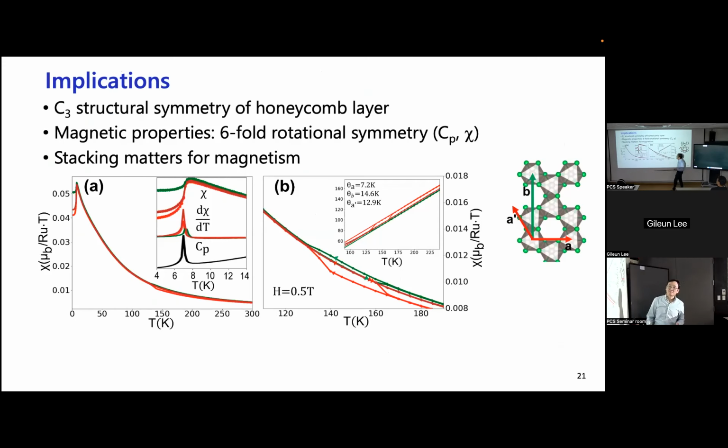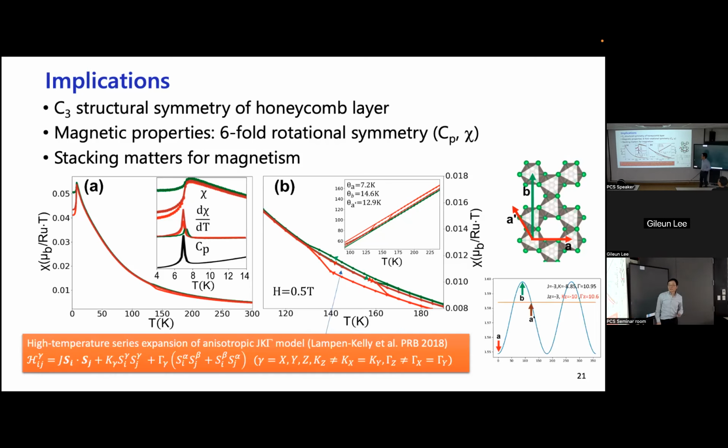If you look at the magnetic susceptibility as a function of temperature for this single twin-free sample, below the transition it doesn't matter which direction you apply the magnetic field, the susceptibility remains the same. However, at higher temperature, depending on which direction you apply the field, the magnetic susceptibility changes. That again suggests that there is a difference between the magnetic interactions below and above this structural phase transition.